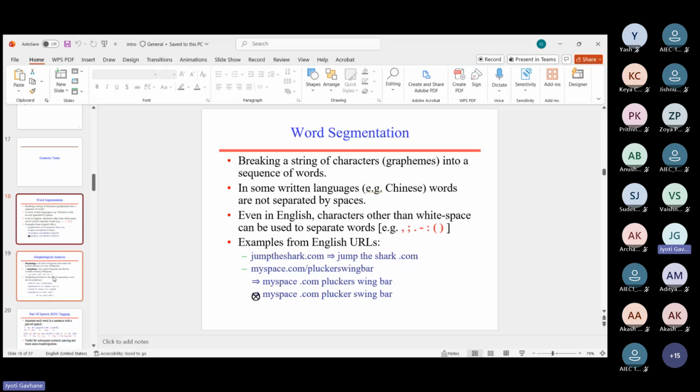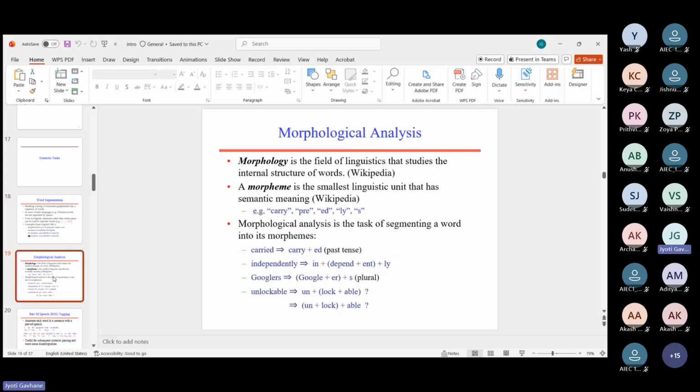Now in word segmentation, we are talking about the first phase only. In syntactic analysis, after word segmentation there would be the morphological analysis. So what is the meaning of morphology? It is again the field of linguistics which studies the internal structure of words. So directly we can say it is a subdomain of your natural language processing domain.